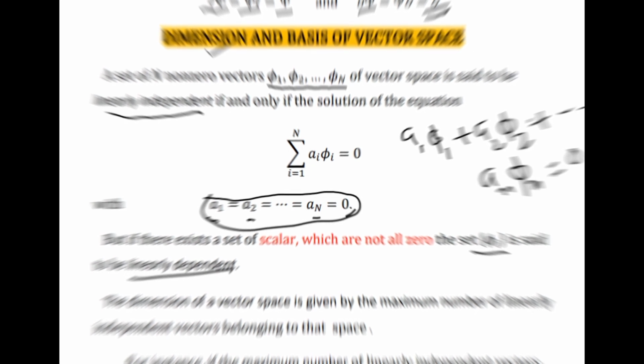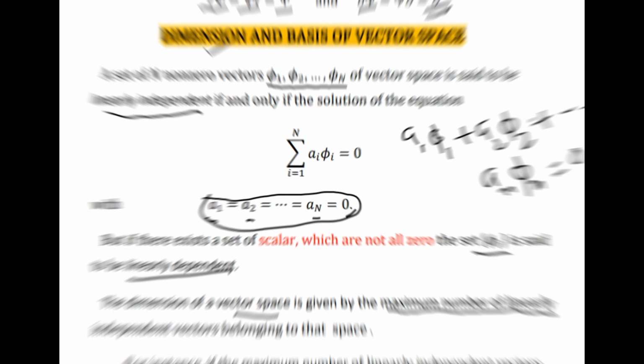The dimension of the vector space is given by maximum number of linearly independent vectors. मान लीजिए सारे आपके A1 A2 A3 AN सारे जीरो नहीं हैं तो वो लीनियरली डिपेंडेंट कहलाता है, लेकिन जितने मैक्सिमम नंबर ऑफ एलिमेंट्स जीरो होंगे उनको कहेंगे डायमेंशन ऑफ द वेक्टर स्पेस. सपोज phi 1 phi 2 phi n dot dot dot dot all are linearly independent vectors, then it is called n dimensional vector space.